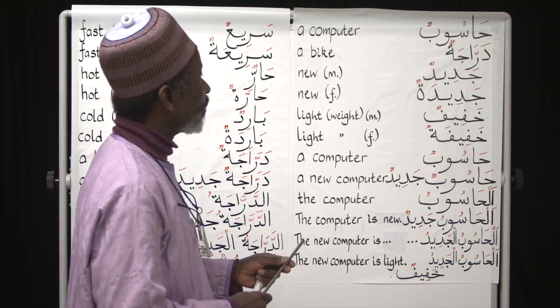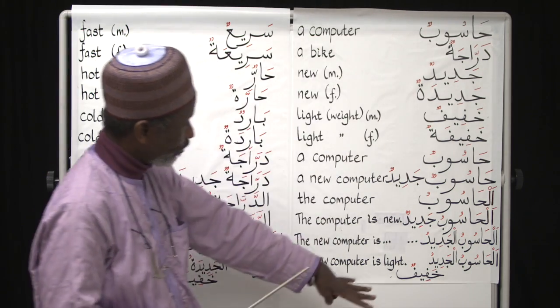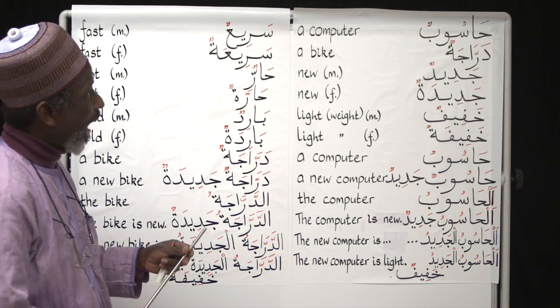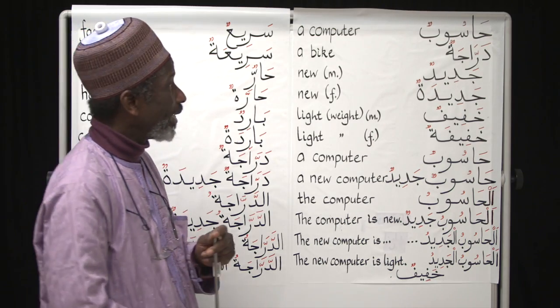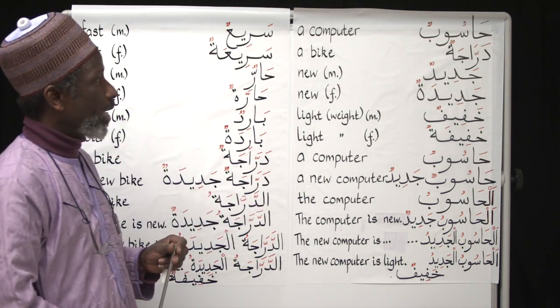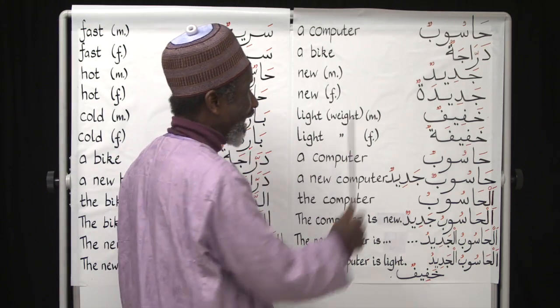Here we are. Marhaban. You have the display now of the steps that you have learned. Hasubun, a computer, that's indefinite now. Darajatun, a bike, that's feminine. I have tun at the end.